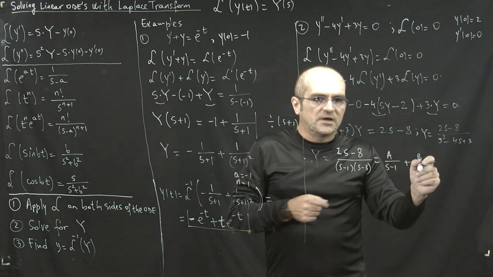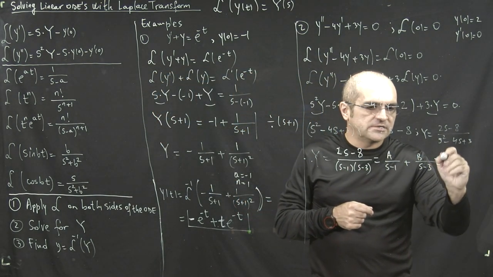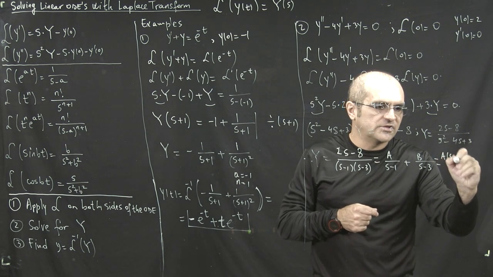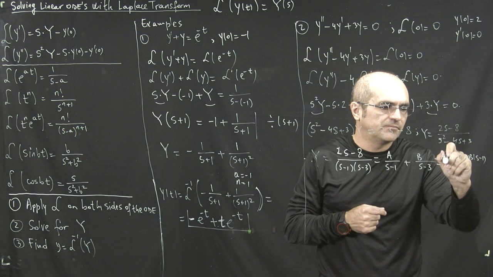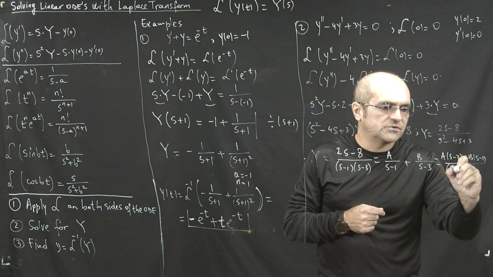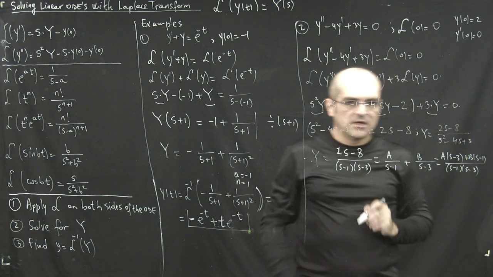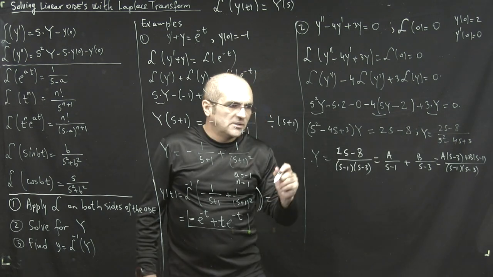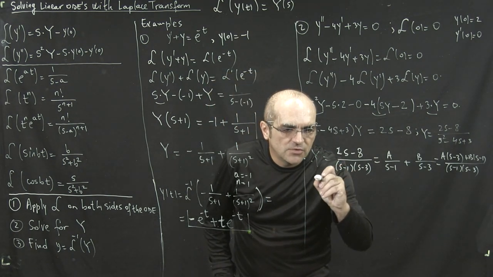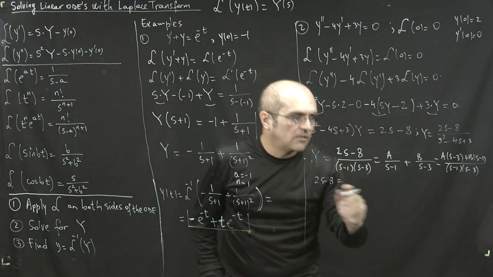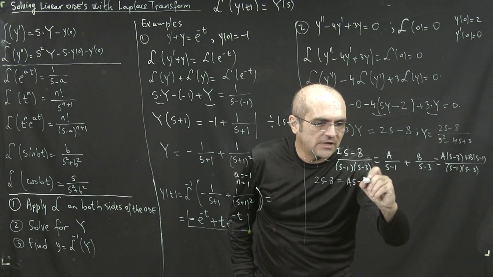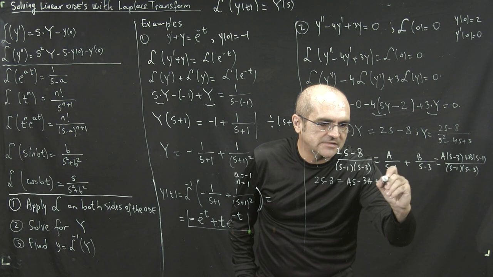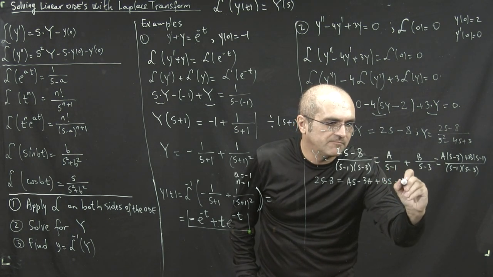So combine the fractions: A times s minus 3 plus B times s minus 1 over s minus 1, s minus 3. So the numerator must match, and that makes it 2s minus 8 equal As minus 3A plus Bs minus B.